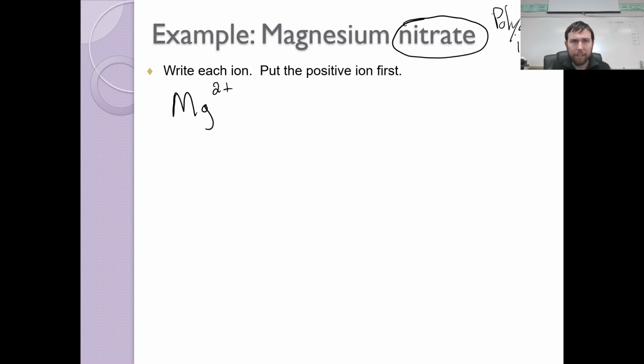If you look at those polyatomic ions, we see that the chemical formula for nitrate is NO3 1-. So I've written my positive ion first, Mg, and then my negative ion second, NO3 1-.